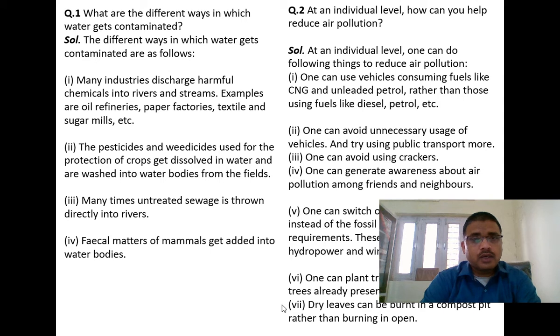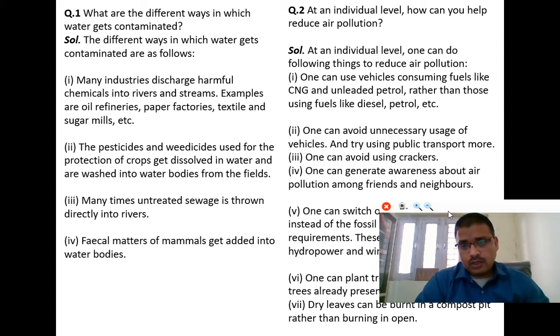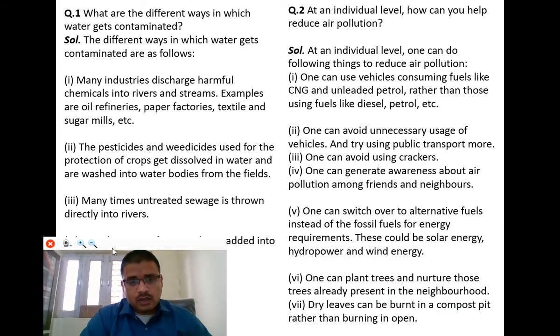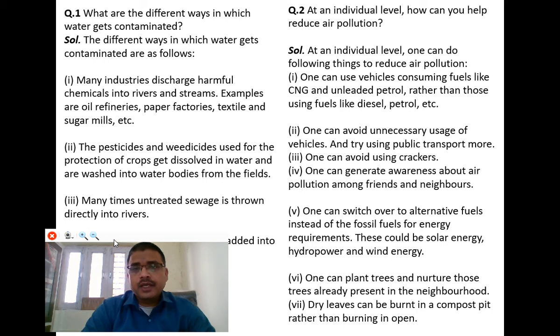Now here you can see, at an individual level, how can you help reduce air pollution? Industries release many gases that harm the air, so they should use methods by which carbon dioxide, carbon monoxide and sulfur dioxide are not released.